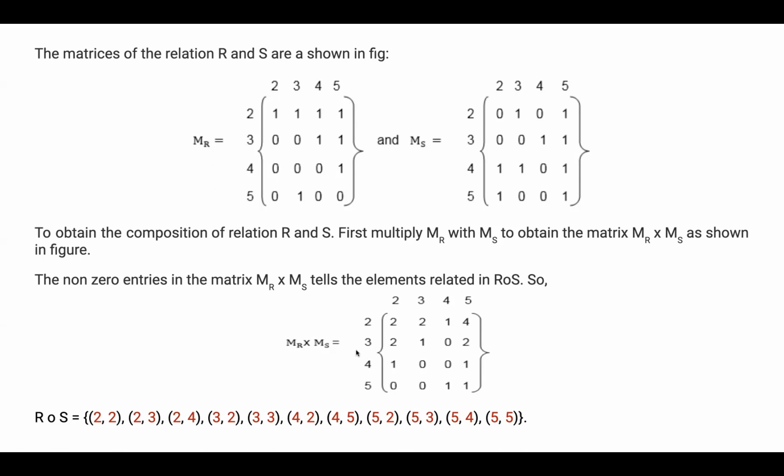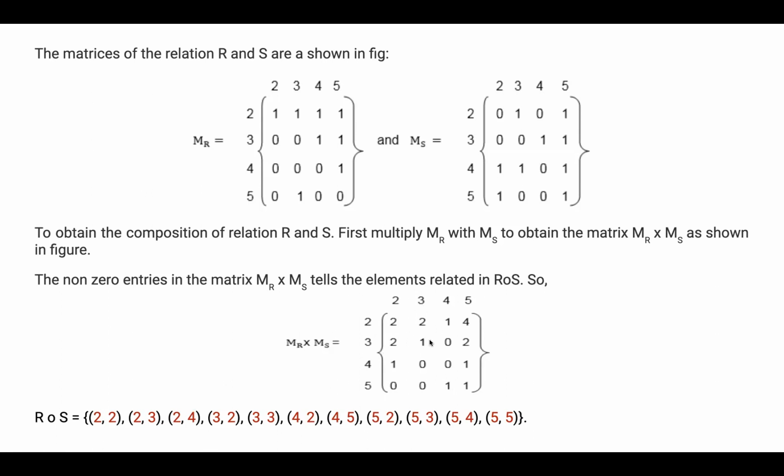So in the product of these two matrices, see here the places which have non-zero elements. 2 2 is there, so 2 2 is non-zero and we can write 2 2 there. Then for 2 3, is it a 0? No, it is not a 0, so we can write it here.